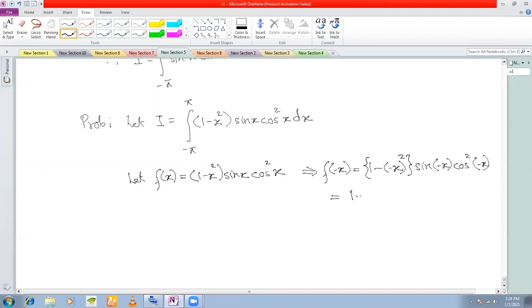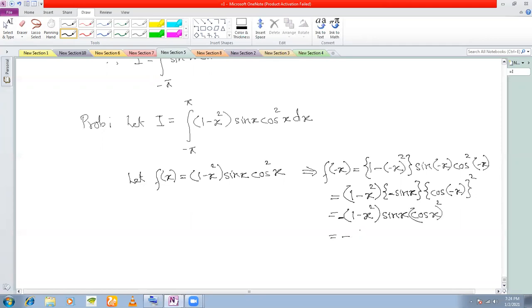This 1 minus x square becomes simply 1 minus x square once again. And sine of minus x, you know, is minus sine x. And cos square of minus x can be written as cos of minus x whole square. So this becomes 1 minus x square. This minus sign is there, so you can take a minus sign out. This becomes sine x, and cos of minus x is simply cos x. So this becomes cos x whole square.